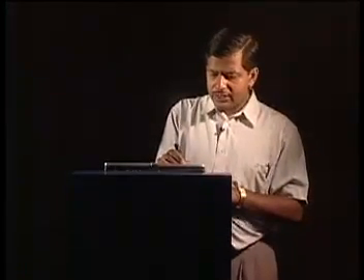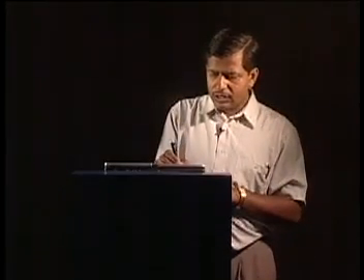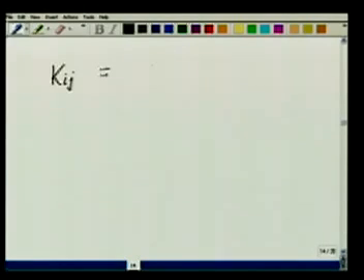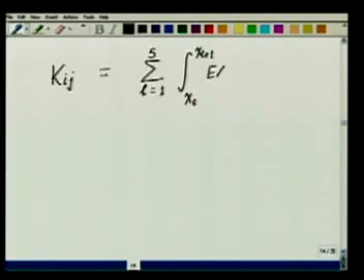So what is Kij equal to? It is the summation over L equal to 1 to 5, over these 5 elements, of the integral of xl to xl plus 1 of Ea phi j prime phi I prime dx.